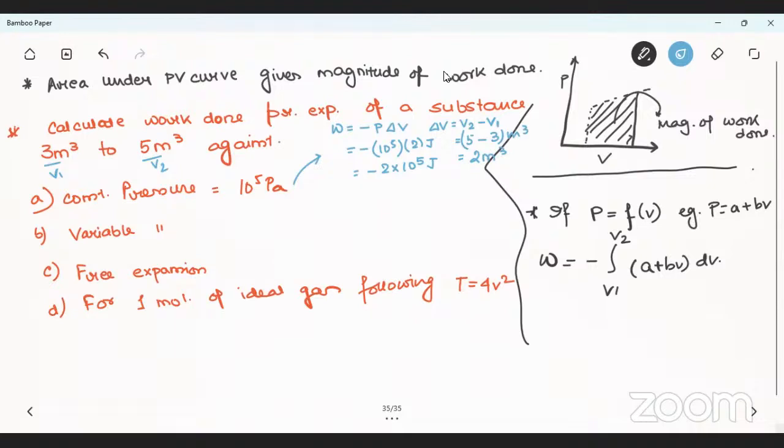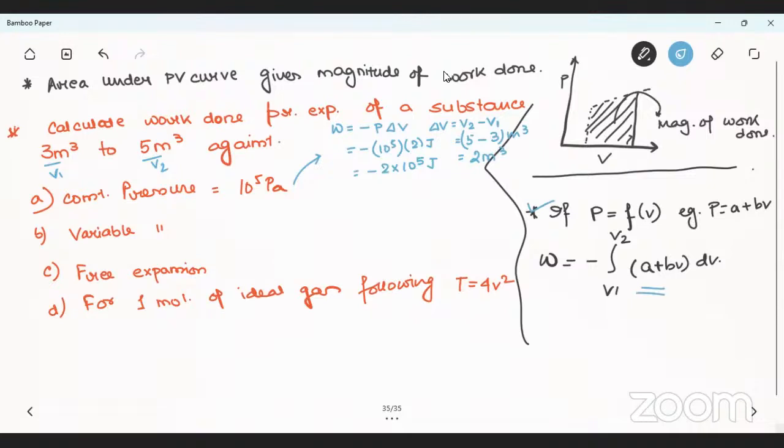For the variable pressure, do it. Use this formula. I've given this hint also.